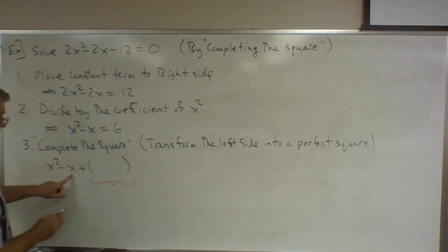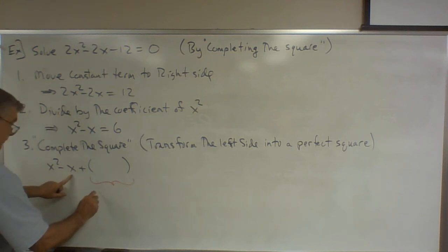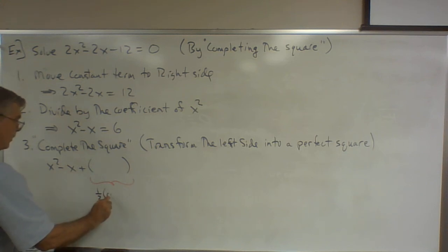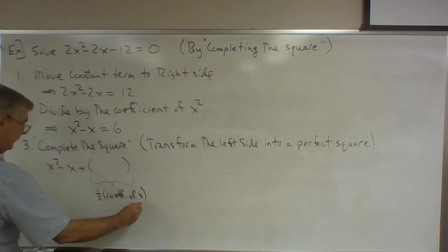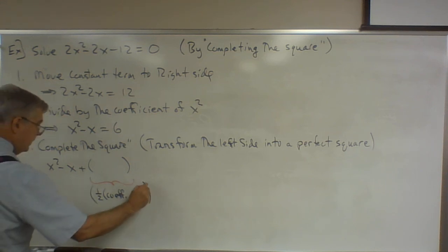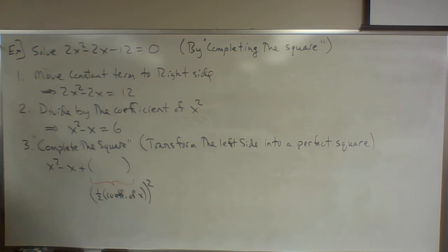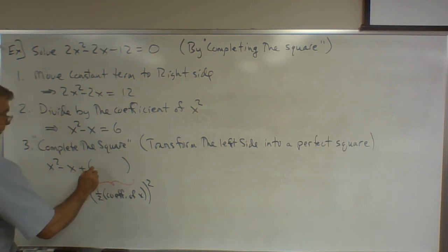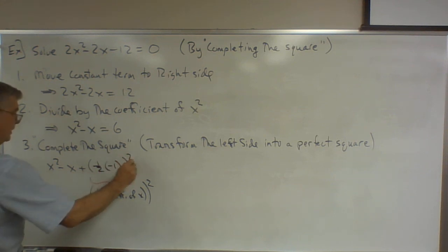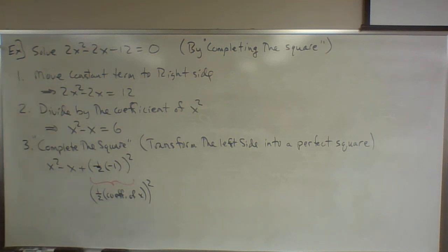And we take 1/2 times the coefficient of x and we square it. The coefficient of x is -1. So we take 1/2 times -1 and we square it. And we add it to both sides.